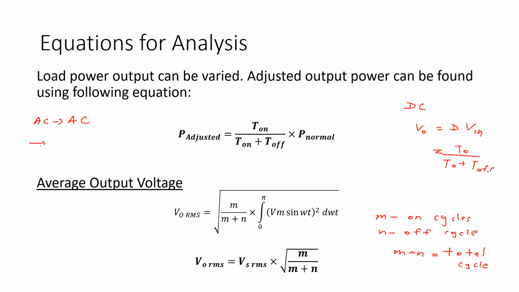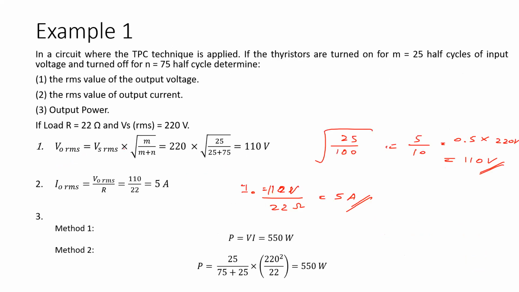Let's say you have a 100-watt bulb earlier. What you mean by dimming is you adjust the power output. So we need to make it 50 watts. So T on over T on plus T off, we have to set as 0.5. Then you will get the light dimmed by 50%, and it will only output 50 watts. Here, we have two methods to calculate the power output. Earlier, consider the normal power output of this circuit.